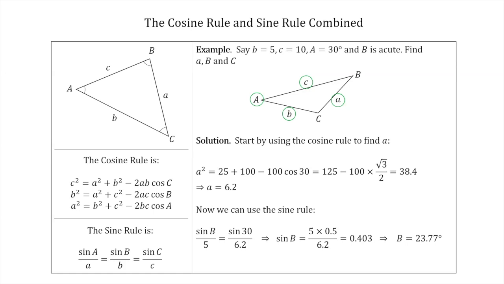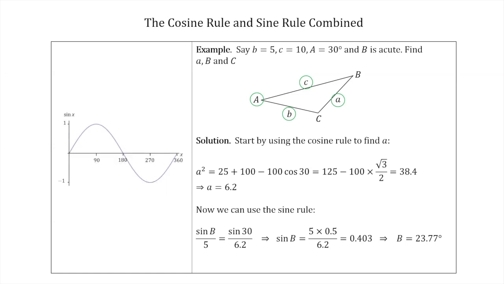So let's just look at the graph of sine to see what we mean. So this is the graph of sine. Now, obviously, the only solutions we care about are ones between 0 and 180 degrees, because remember, B is the angle inside a triangle, and the angles inside a triangle add up to 180, so they all must be less than 180. So let's just restrict this graph to the part between 0 and 180.